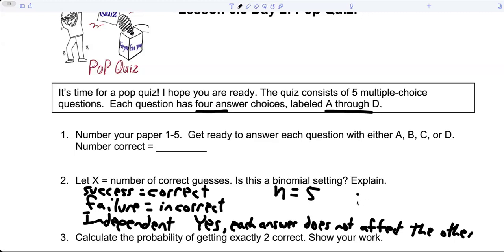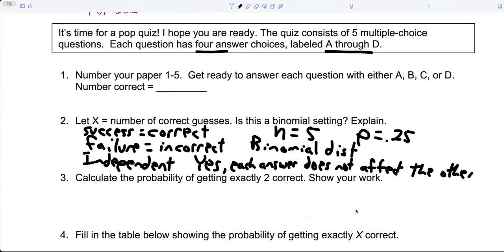And what is the probability of success? If we are guessing and there are 4 choices, then it will be 0.25. Is it the same on every one? Yes. So we can say this is a binomial distribution because all 4 of these things are met.